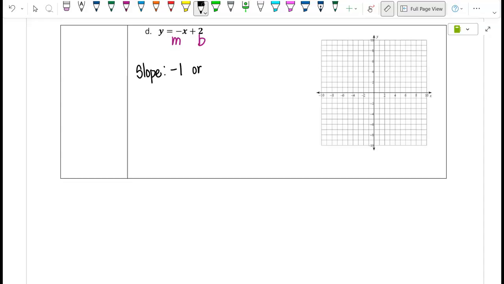Which again, we can write as negative 1 over 1 for our rise and our run. Our y-intercept is at 2, so that's the ordered pair 0, 2.